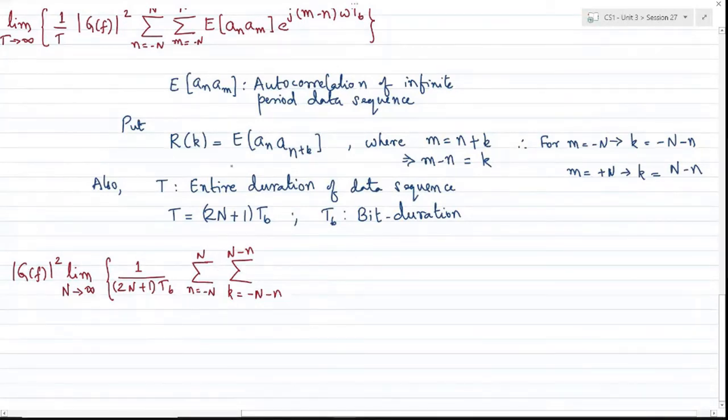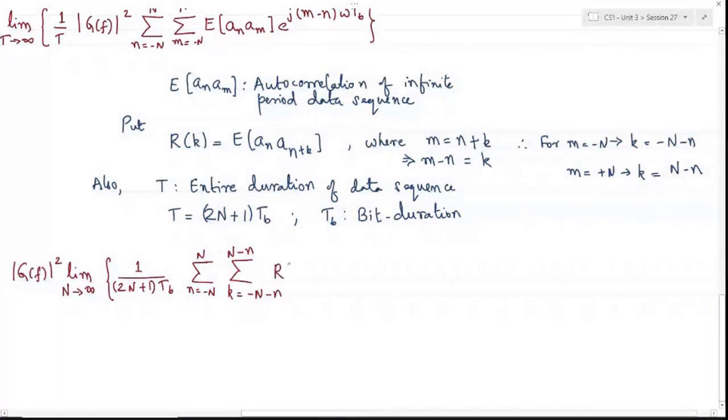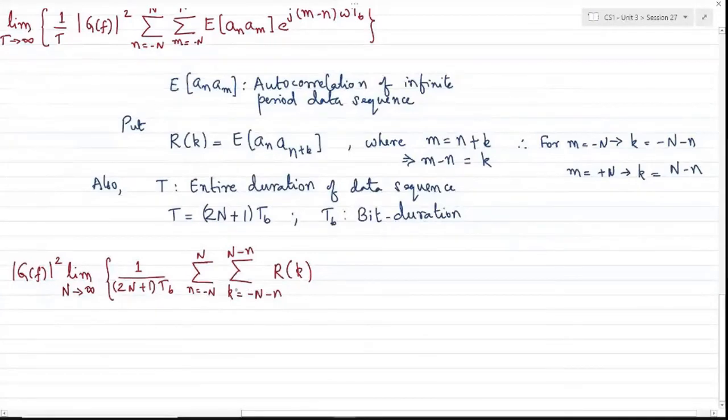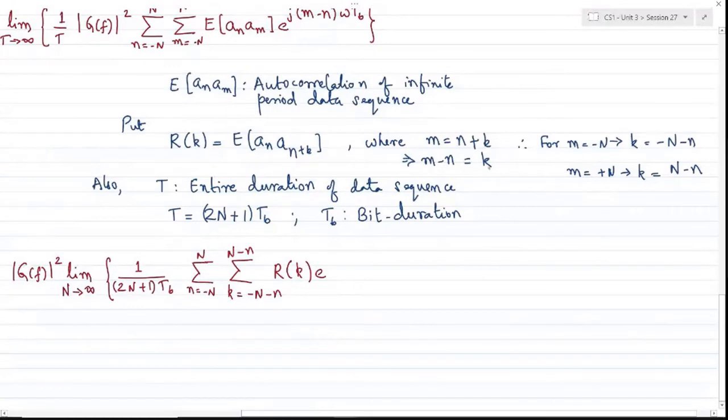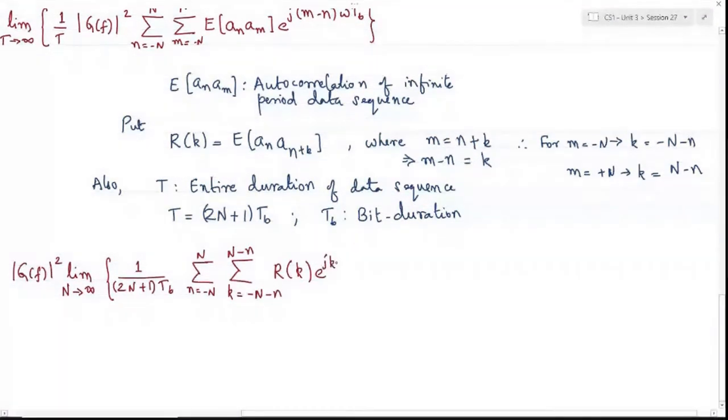I have already put this expression, so I'll replace it simply with R of k. That's the reason I'm taking out all dependency on the variable m and writing in terms of k. So R of k times the exponential, where the difference of those two timestamps is k itself, can be simplified as simply e power j k omega T_B.